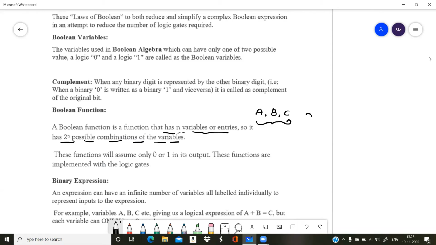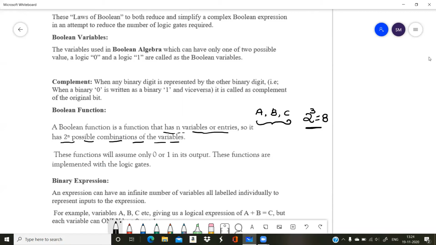Therefore, the possible combinations are 2 to the power n, that is 2 to the power 3. N is equal to 3 because there are 3 variables. So 2 to the power 3 is equal to 8. So 8 possible combinations are there. Okay. Using A, B, C, we can write 8 possible combinations.